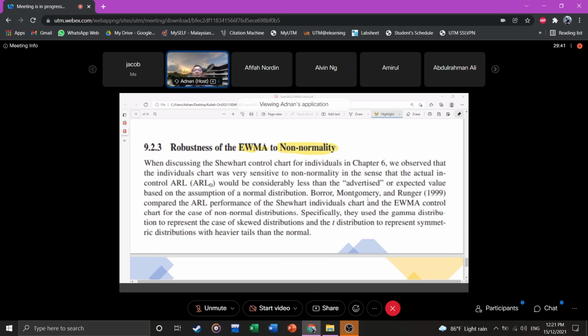Okay, what is the transformation that we use? What transformation can we use to minimize non-normal data?